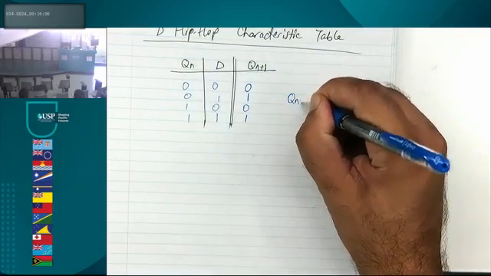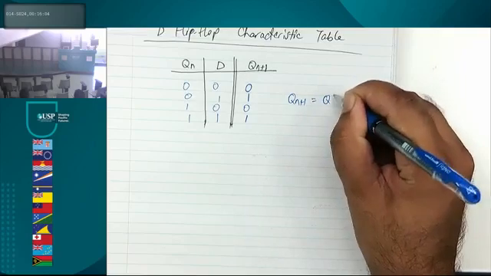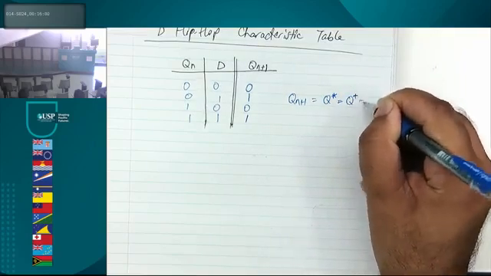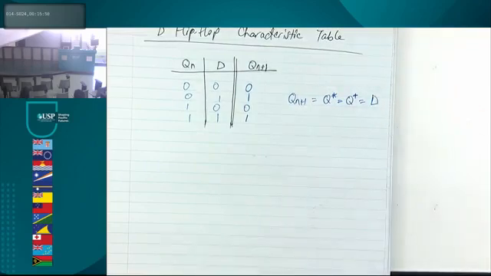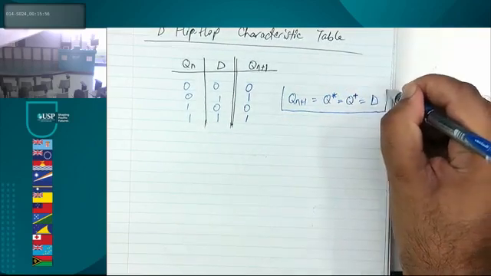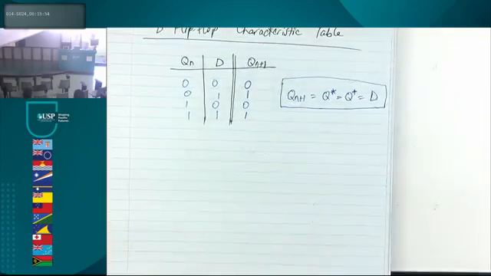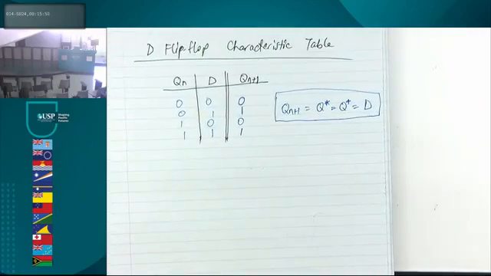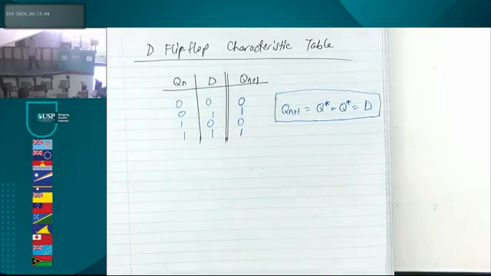So Qn plus 1, which is also sometimes called Q star, or Q plus, is equal to D. All right? So that's our characteristic table, very simple and straightforward, right? No two ways about it.